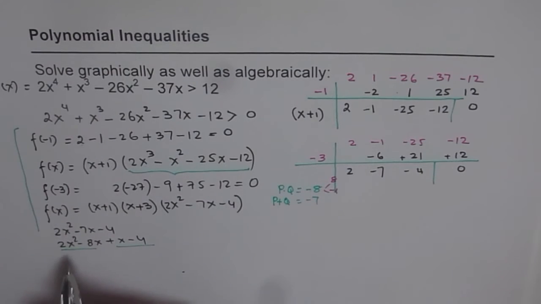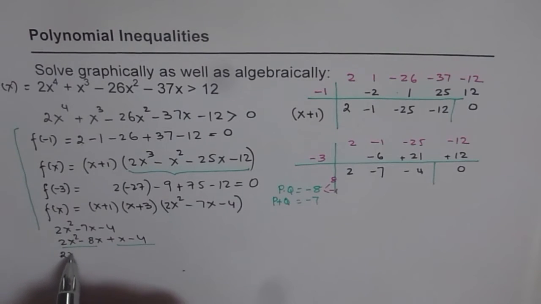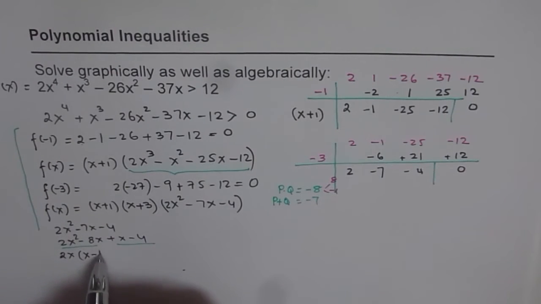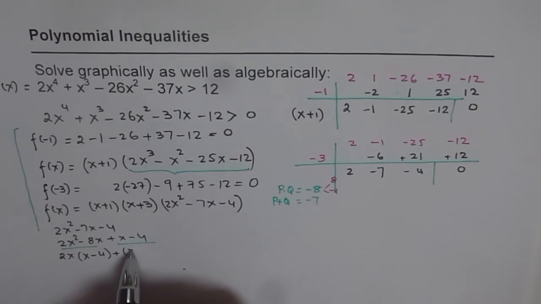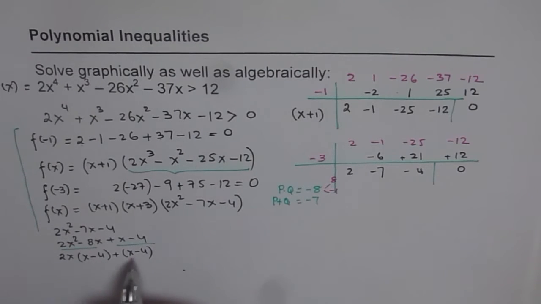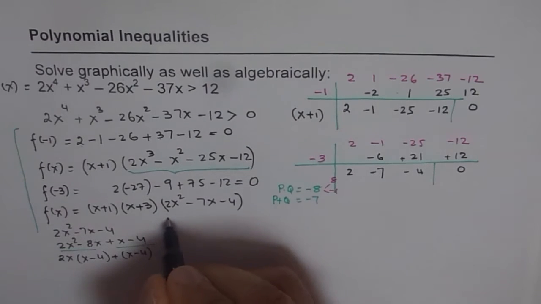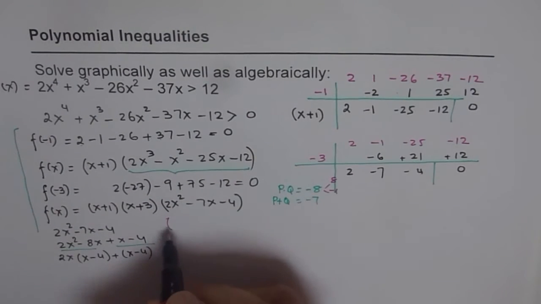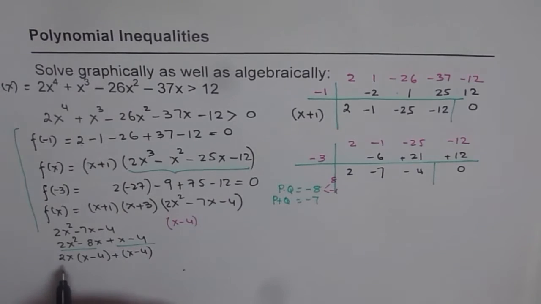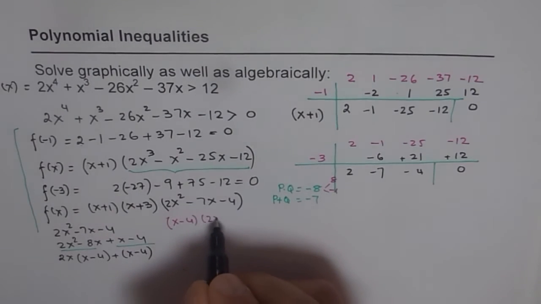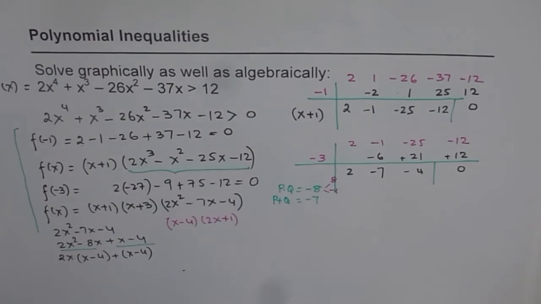So it's just reminding you of the previous skills which you've learned, which is 2x times x minus 4. And we have x minus 4 here, right? So we can take x minus 4 common. Do you see that? So I can write this in factored form: x minus 4 and 2x plus 1, correct? So that becomes this particular factor, correct?